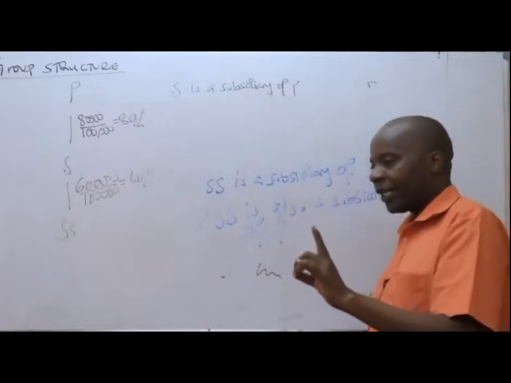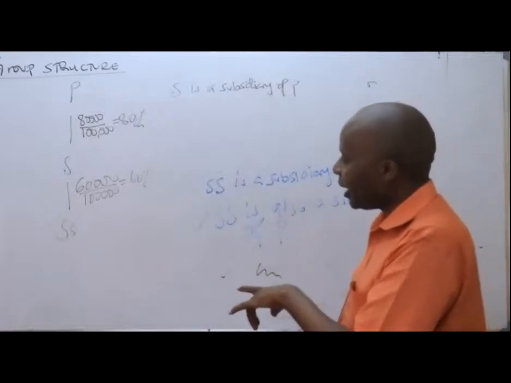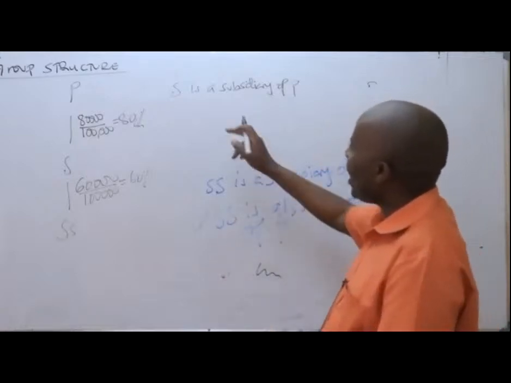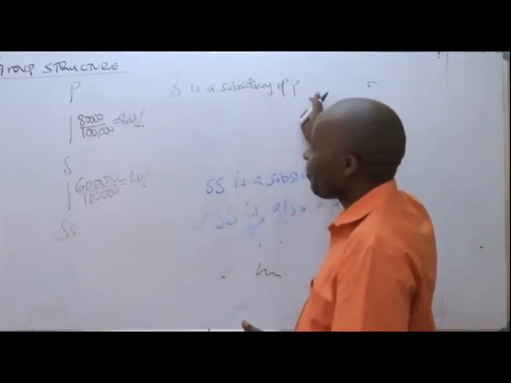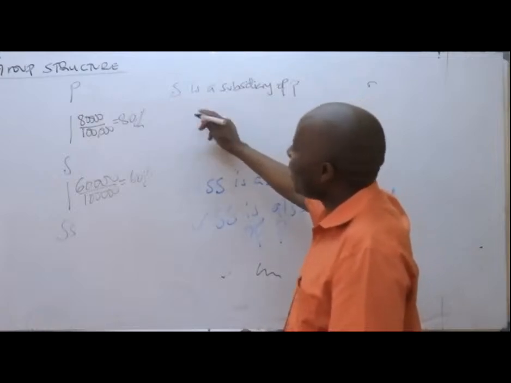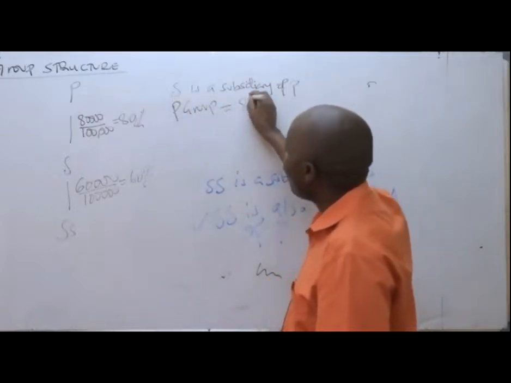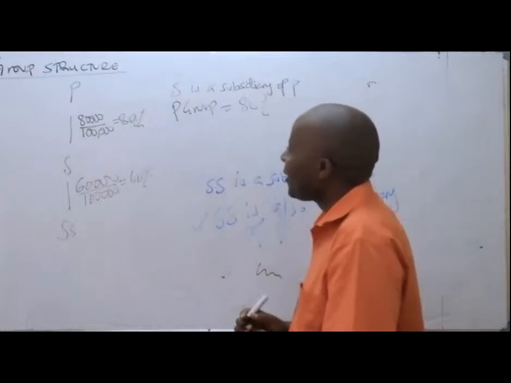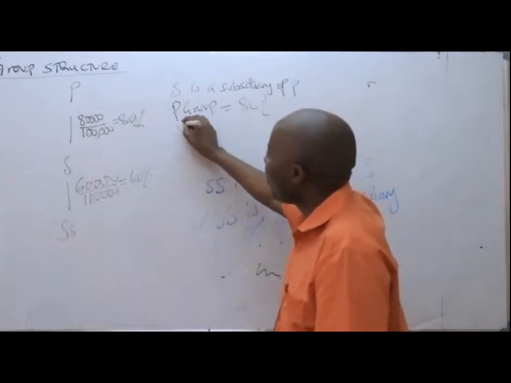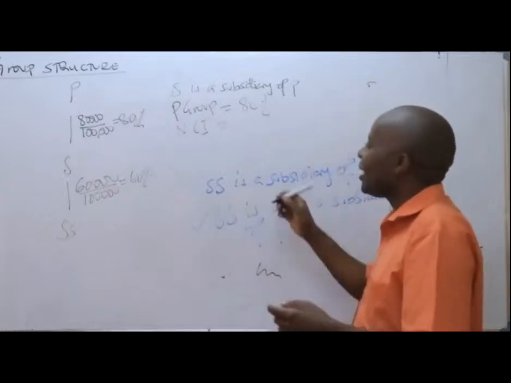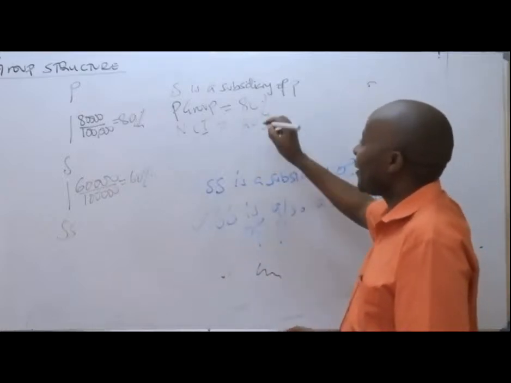Now listen, if SS is a subsidiary of P, first of all, even before I go to that, we've said here that S is a subsidiary of P. If it's a subsidiary of P, in this case, then the P group commands what percentage? 80%, right? And then, of course, the balance will be handled by NCI. The balance NCI is what percentage? 20%.